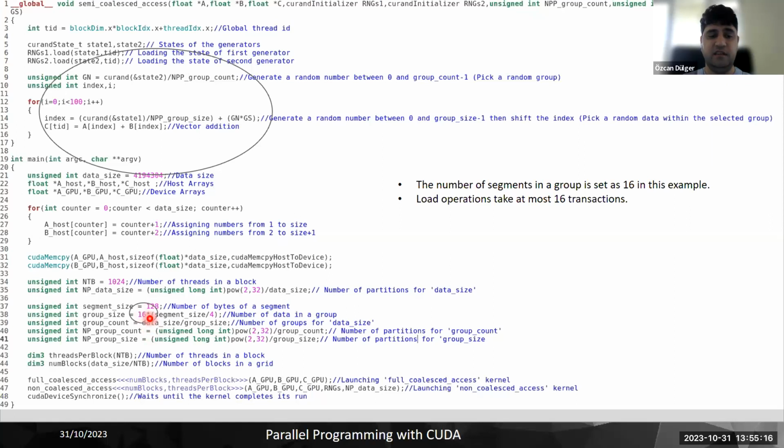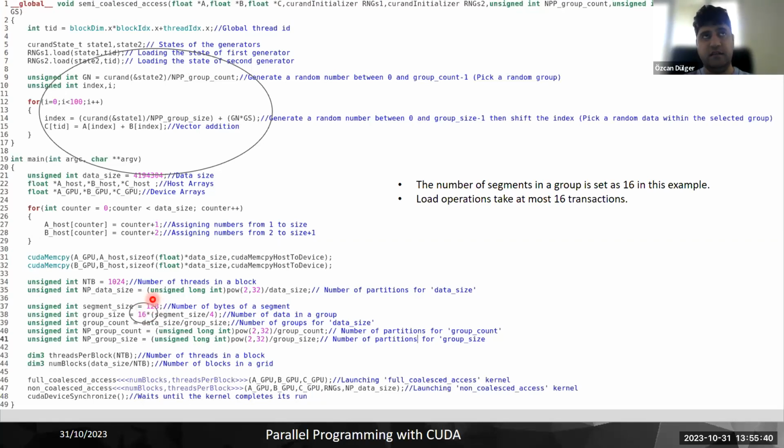If you set it to the group count, only one group is created and it consists of all the consecutive segments.